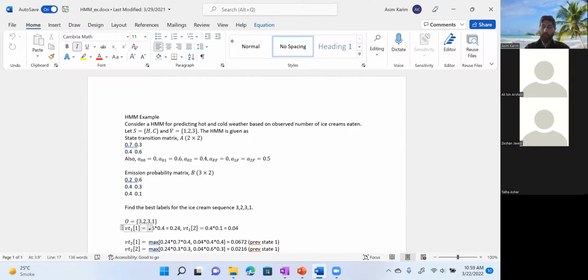So this is the first column of our matrix VT, and of course this is from the starting state. तो starting state से, अब पहला हमारा इवेंट ऑब्जर्व क्या था, 3 था, ठीक है. और लेट्स से हम अज्यूम करें तो वो हॉट है, तो स्टार्टिंग टू हॉट 0.6 है, ये 0.6 इधर आ गया. एंड देन 3 हॉट डे में खाने की प्रोबेबिलिटी क्या है, 0.4. तो ये पहली सेल की वैल्यू आ गई.